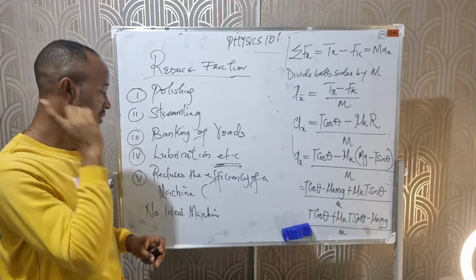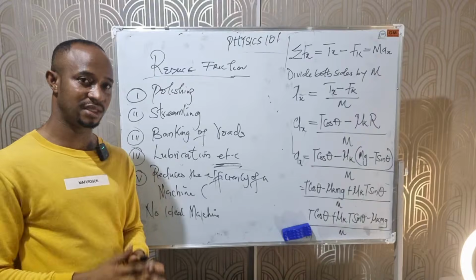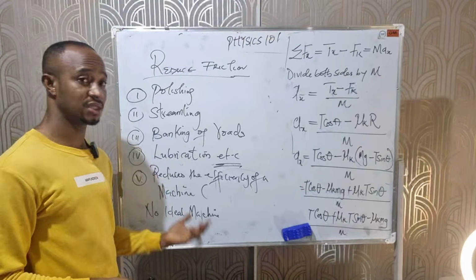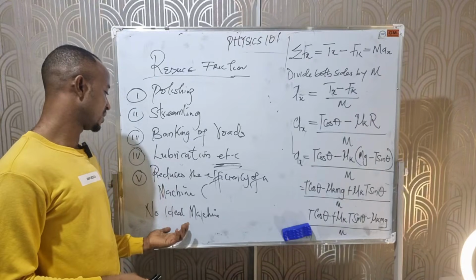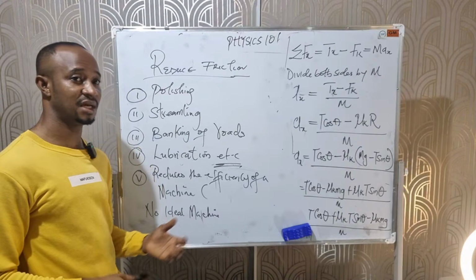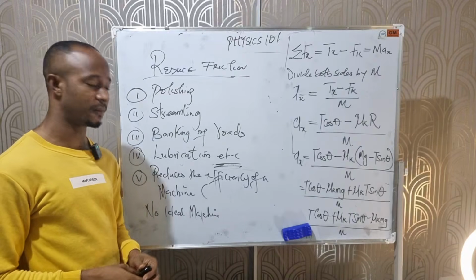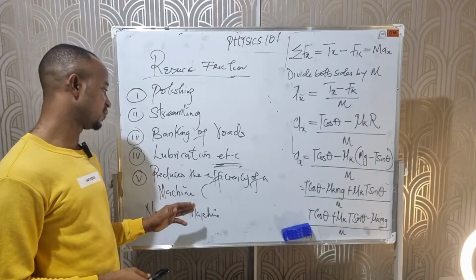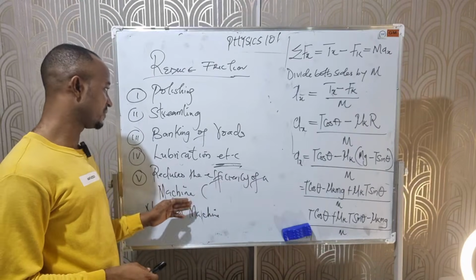No machine has an efficiency of 100%. The concept of an ideal machine simply means a machine that has 100% efficiency, but friction will always reduce the efficiency of a machine.